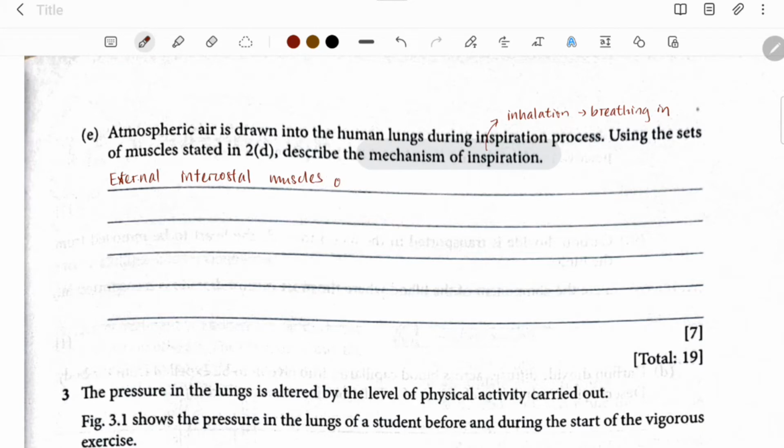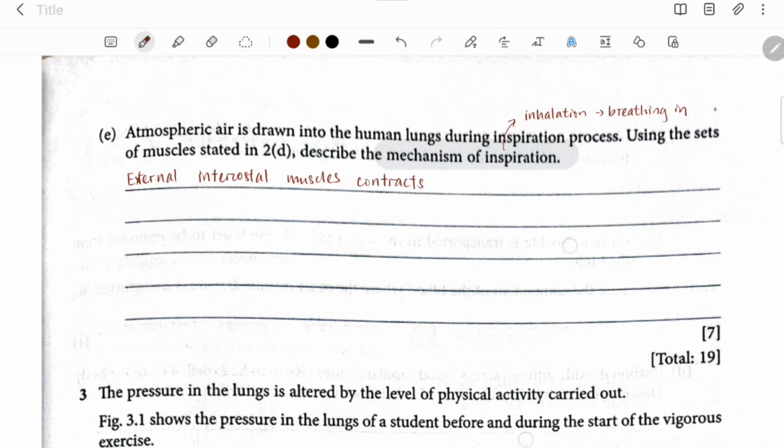This one has an S, because it is not only one muscle. And then while the internal intercostal muscles relax. This one also has an S.